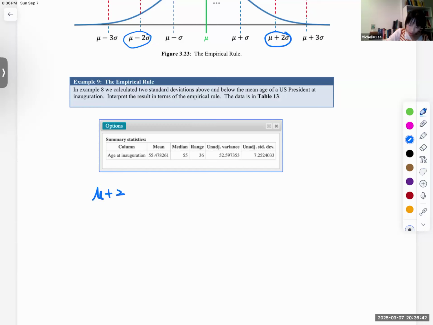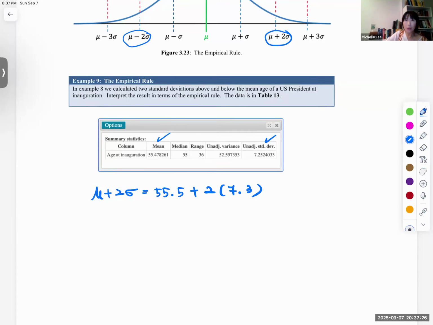Mu in this case is 55.5. If the original is a whole number, then we answer with 1 decimal place, right? Then plus 2 times sigma. Sigma is the standard deviation, and this is the mean, right? So 7.25, so 7.3 then. Yeah, 7.3, because we round up, right?